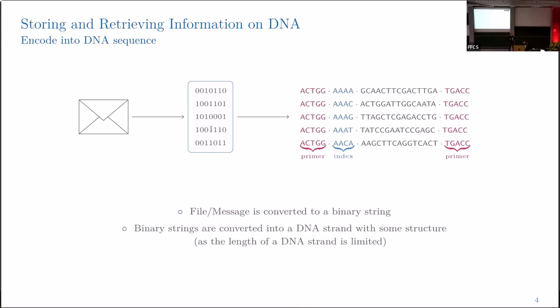So we go to this further step, and we do this in a structured way. If you see here, we have several binary strings, and somehow in the whole process, we want to be able to say which one was the first one, which one was the second one. Remember, as if you had files and you want to say, I want to access the first file. So we use some index here, which would refer to the first, then the second, and so on.